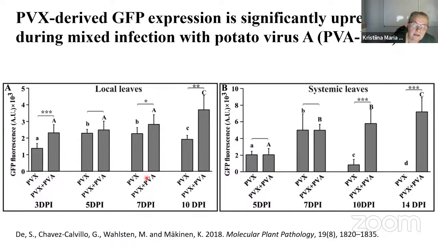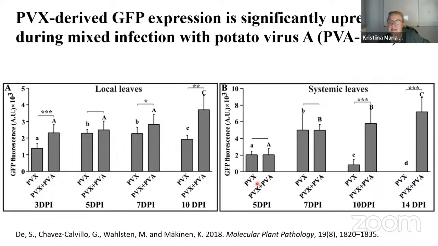Here we see how the gene expression of the virus is affected. We have here the infection with one potexvirus and one potyvirus. If we look at this single infection with PVX compared to the double infection, in most of the time points we see upregulation of gene expression in the locally infected leaves.